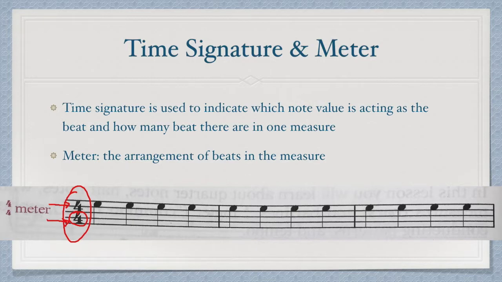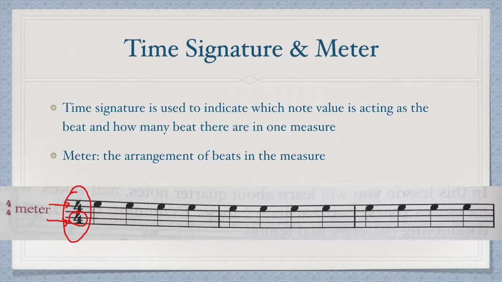If the bottom number is 2, it means the half note is acting. The number can also be 8 or even 16. We will talk about this later. So here I just want you all to remember that the most common beat, the quarter note, is written as the number 4 on the bottom of the time signature, and the half note is written as 2.